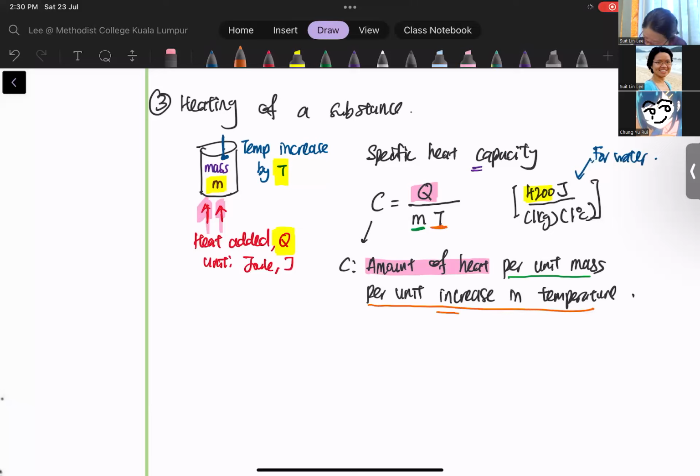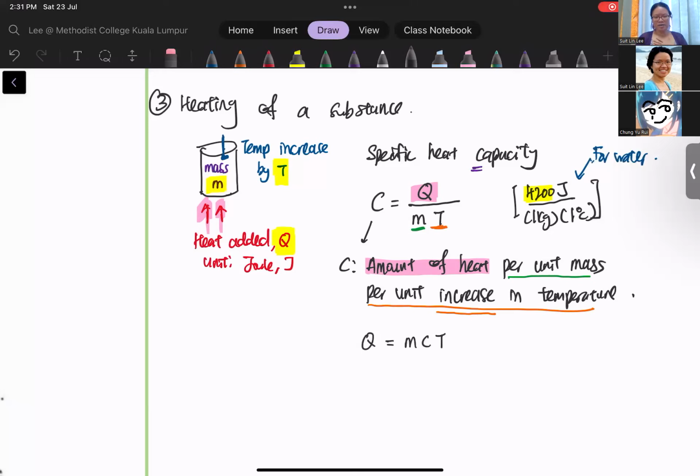The word increase is compulsory, okay? Because the whole point here is I add heat to something and then let something have a change in temperature. If there's no change in temperature, then nothing is happening. Okay. So as usual, students don't like equations with fractions. So we rearrange. We throw the M and T on the other side. I get Q is equal to MCT.